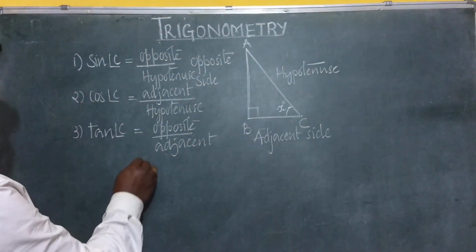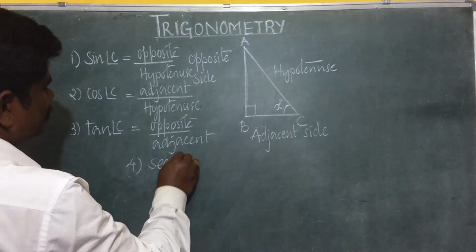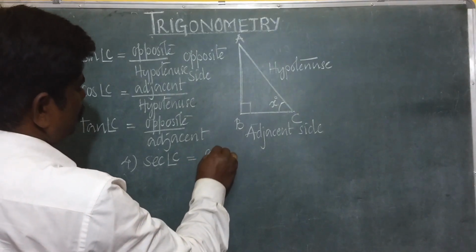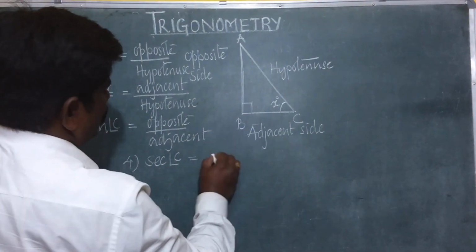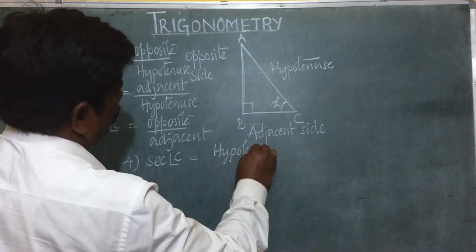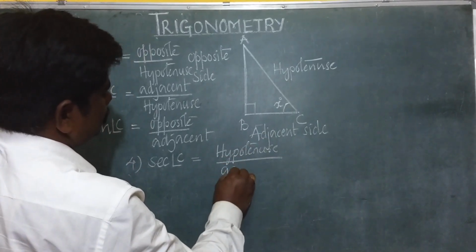Then the fourth one is sec of angle C, which is equal to hypotenuse upon adjacent.